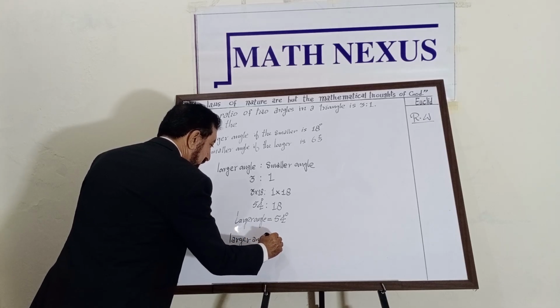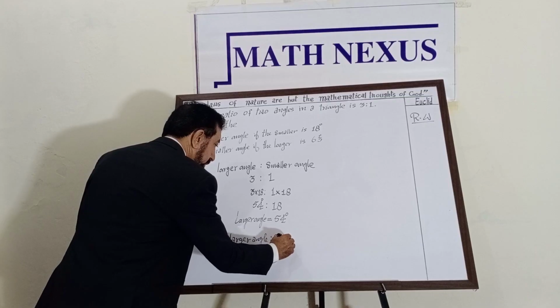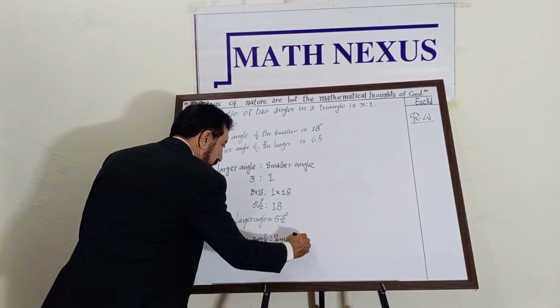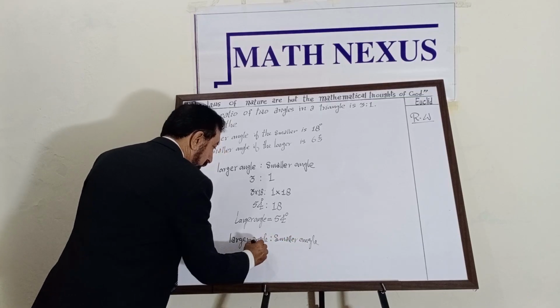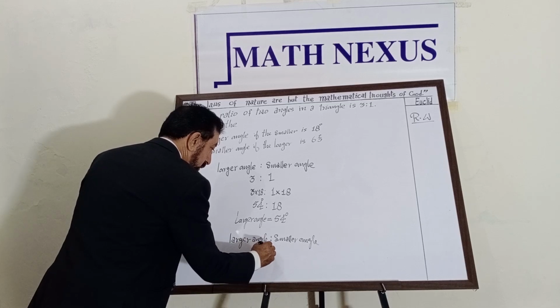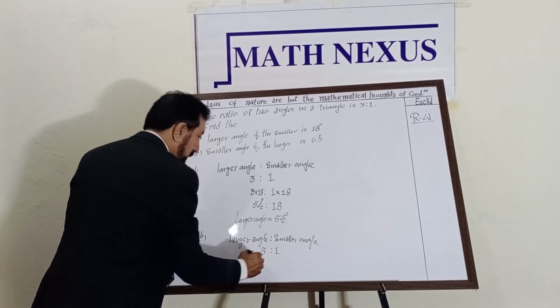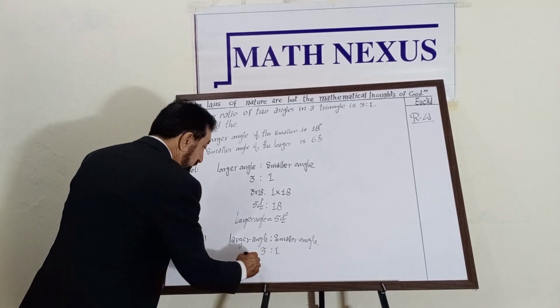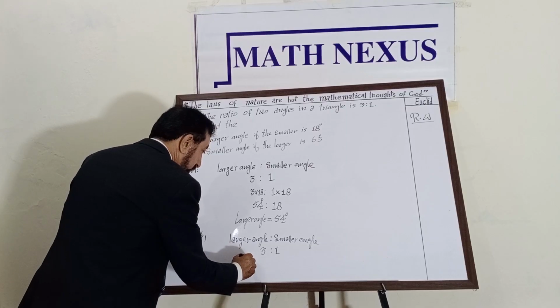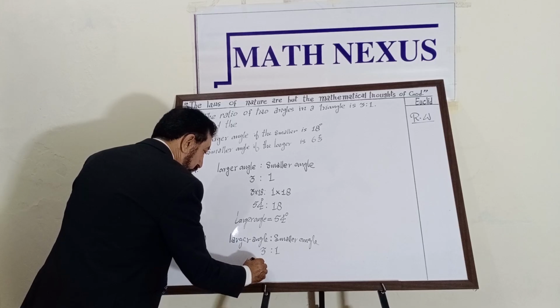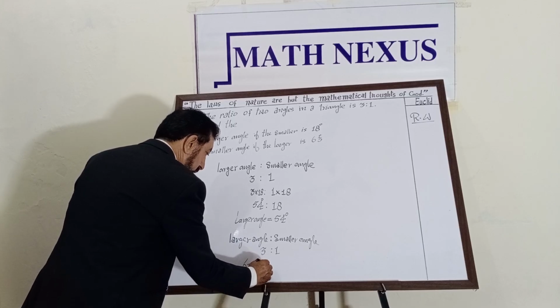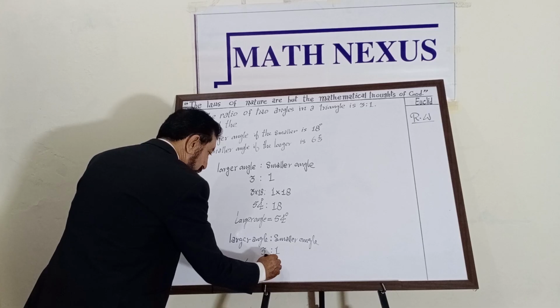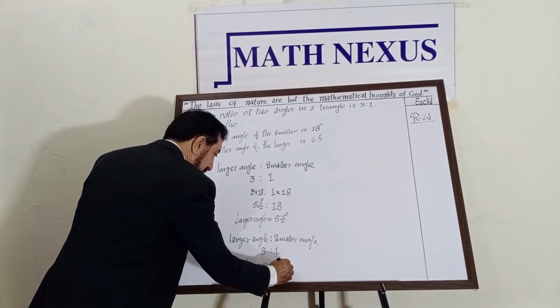Now section B, larger angle ratio smaller angle is 3:1. 63 is equal to 3 into 21, and the smaller is 1 into 21.